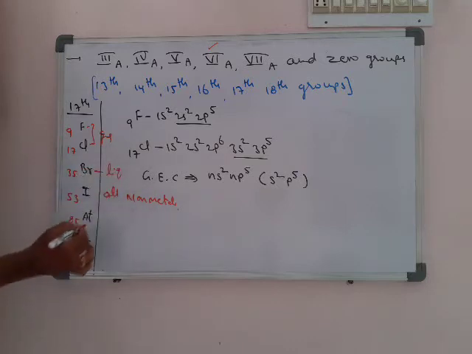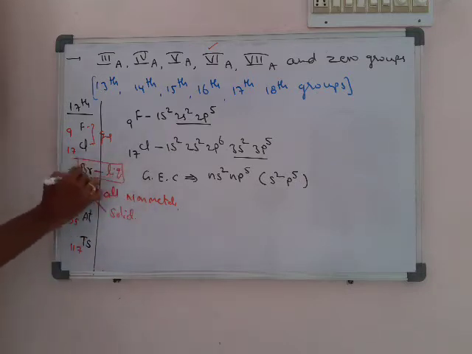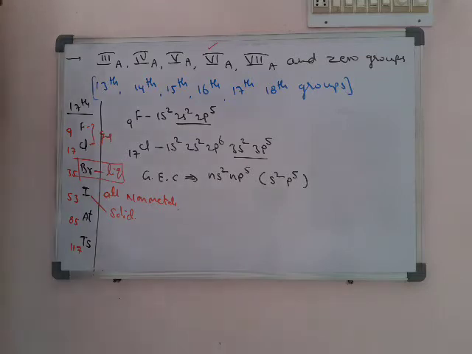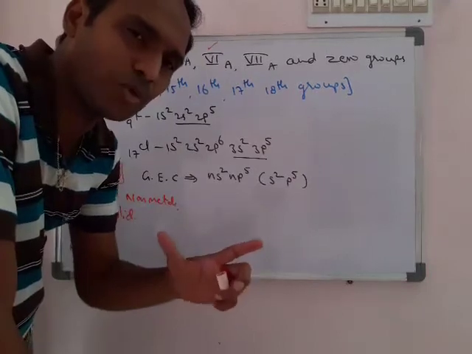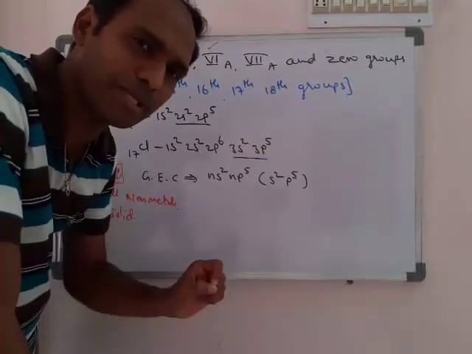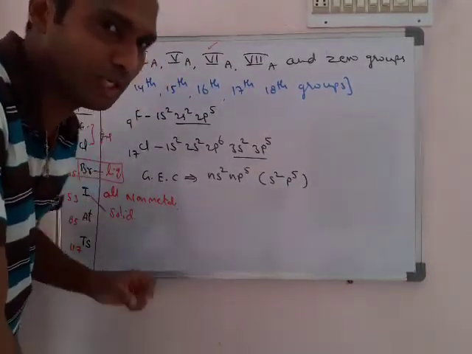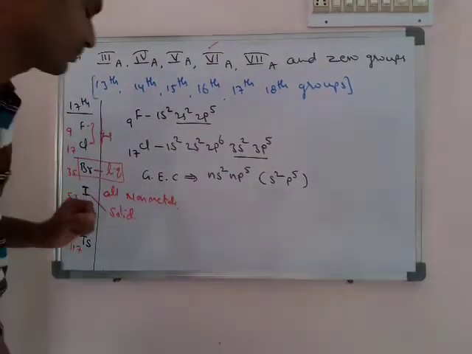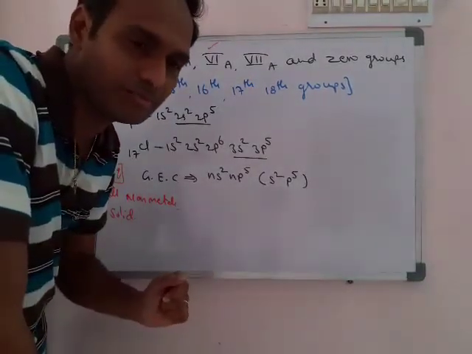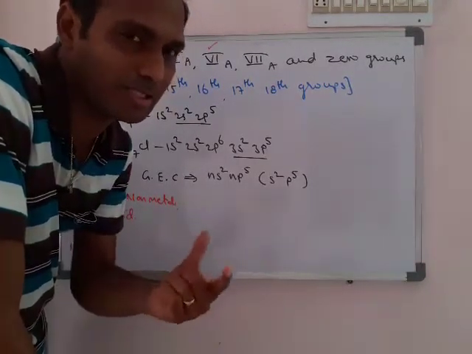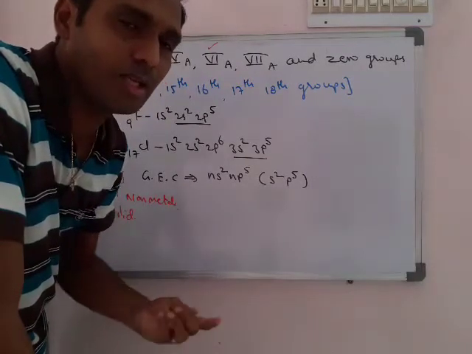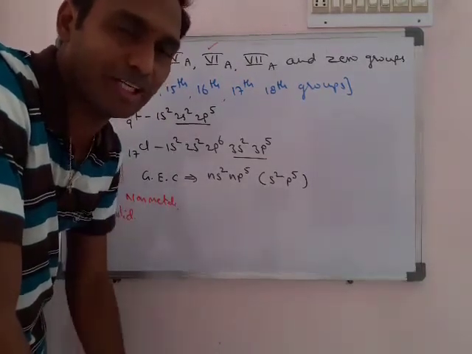Bromine is present in the liquid state and iodine and the remaining are present in solid form. Okay, the only non-metal in liquid form at room temperature is this one. Actually gallium also melts near room temperature, but the non-metal that is in the liquid state at normal room temperature is bromine. It is a red colour liquid. Among metals, mercury is in the liquid state at room temperature; among non-metals, bromine is in the liquid state at room temperature.